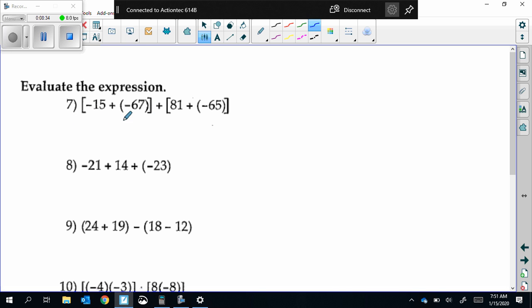So negative 15, negative 67, that would be negative 82 for the brackets here. 81 minus or plus negative 65 is minus 65. That's 16. Negative 82 plus 16 is negative 66.